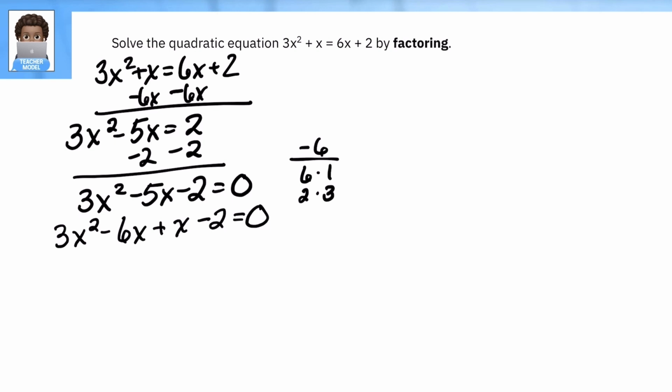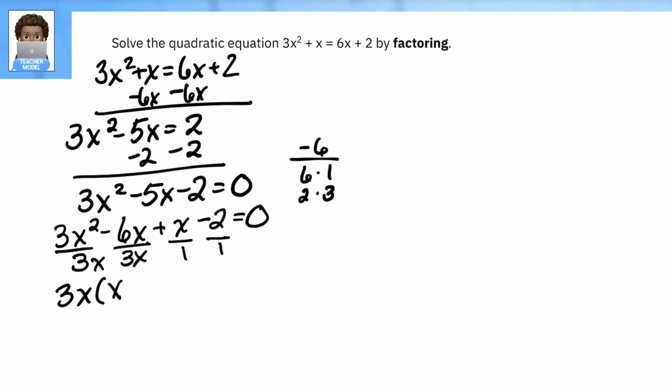All right. Now I can look for any common factors to factor by grouping. And here I can take out a 3x. And here there isn't anything, so I'm just going to put 1. So let's take out the 3x from here.